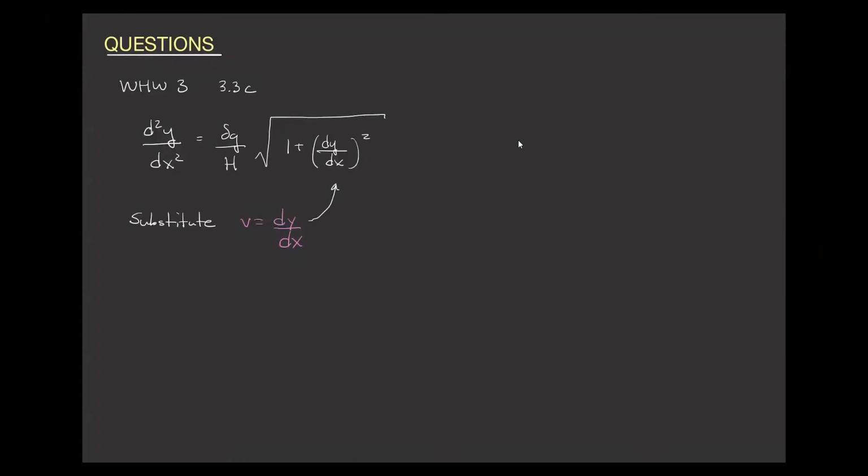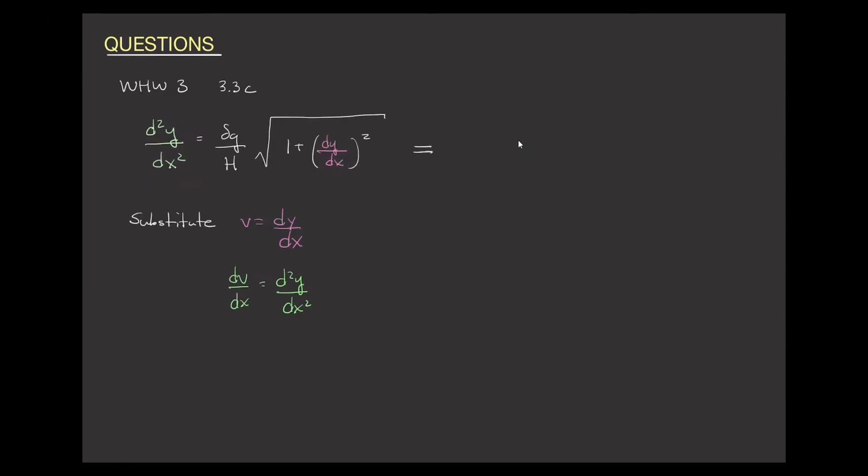And then over here, we can substitute if we take the derivative of v. So the derivative of v with respect to x is the second derivative of y with respect to x. Now do the substitutions, namely we're going to let this be the green part and then this be the magenta part.